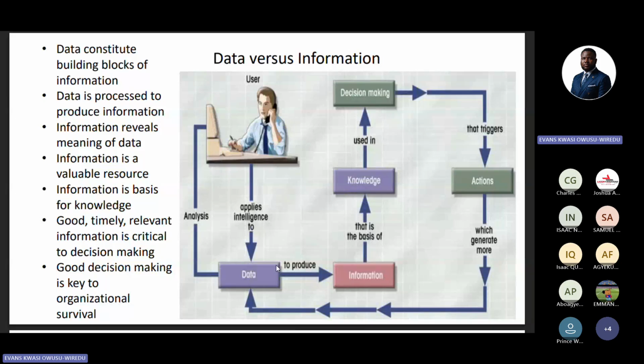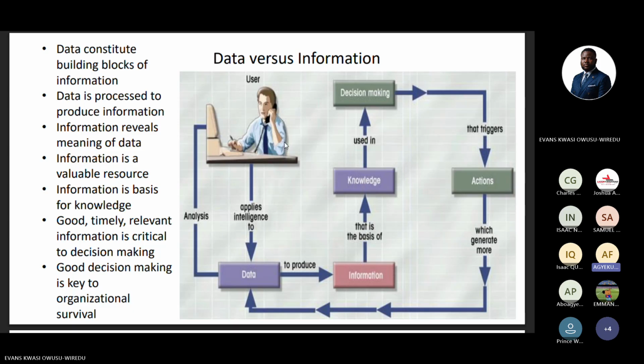Can someone explain for us? That's right. Okay. So can somebody else explain why information reveals the meaning of data? Can someone do that for us? Anybody? I want people to try.